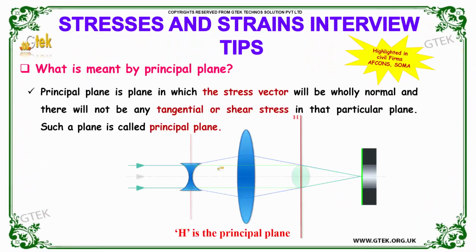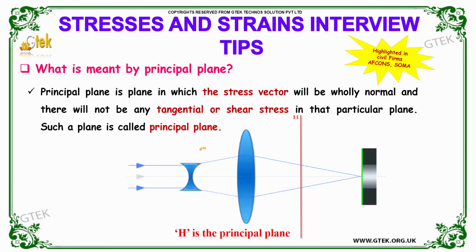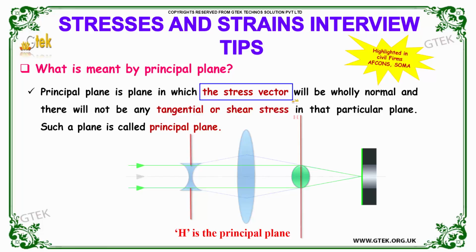Our next question is: what is meant by principal plane? A principal plane is a plane in which the stress vector will be wholly normal and there will not be any tangential or shear stress in that particular plane.